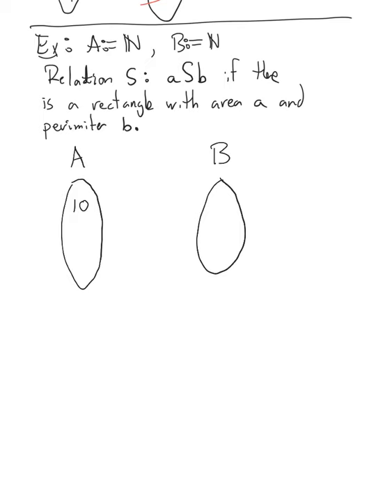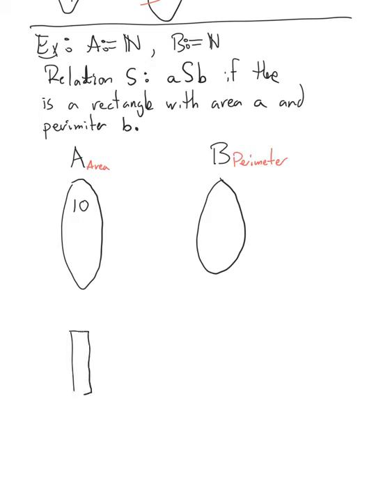We're thinking of A as area, and B we're thinking of as perimeter. Okay. So, what rectangles have area 10?